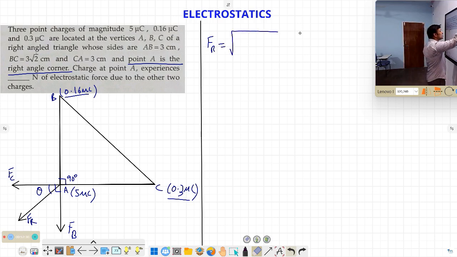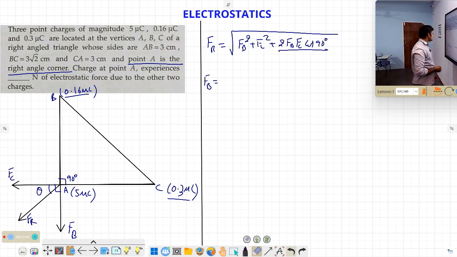Resultant force equals the square root of FB square plus FC square plus 2 FB FC cos 90 degrees. Cos 90 is anyway 0. Now what is the FB value?